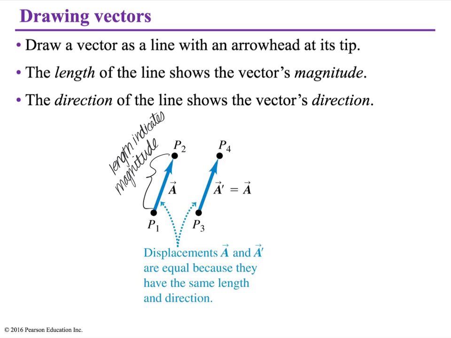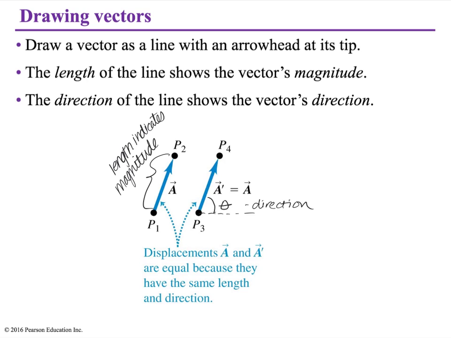Longer vectors have a higher magnitude or are bigger, and so forth. Then the direction is pretty important because it's at a certain angle, and we have to show that as well. So when we're drawing a vector, it is really important to draw it with the correct length to indicate its magnitude and then at the right angle to indicate its direction.